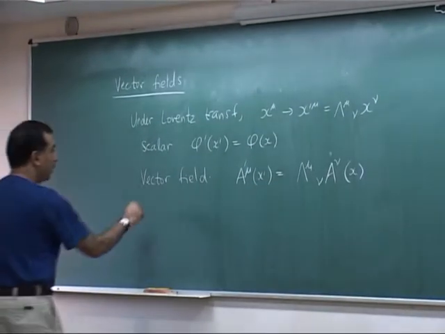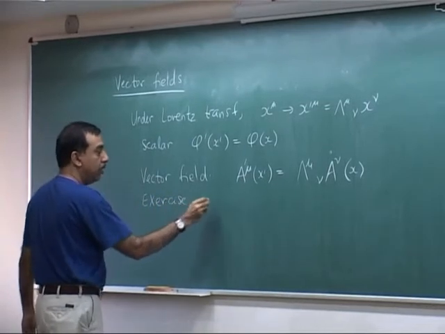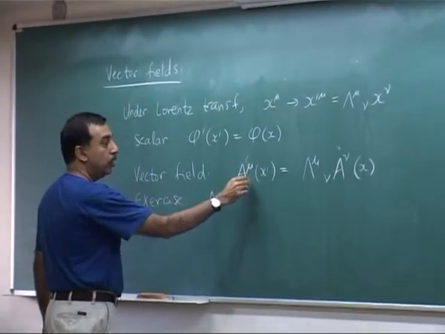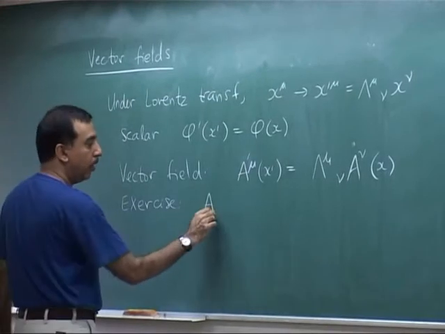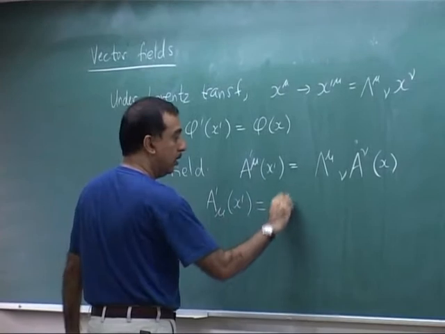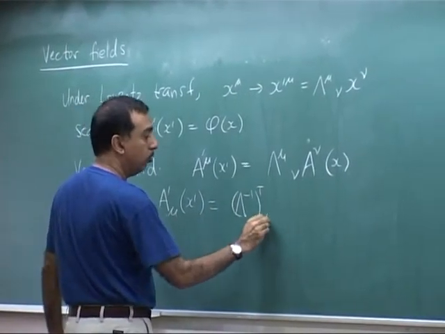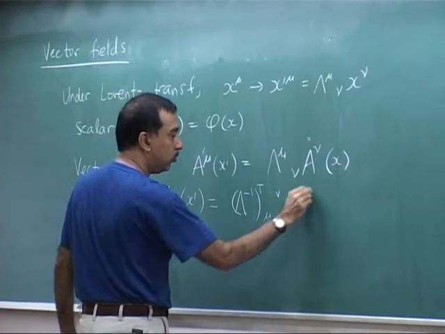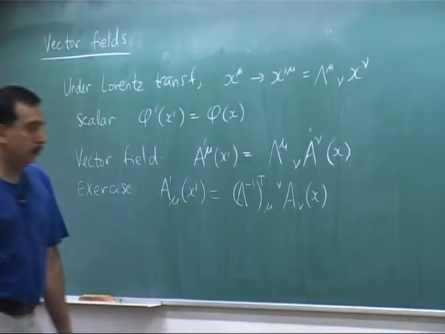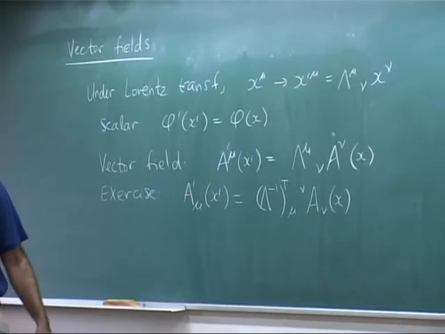A simple exercise, which you can do if you like, but we won't even need it, is that if you lower the index mu, then A prime of x prime is lambda inverse transpose mu nu times A nu of x. This is just an exercise in properties of lambda.